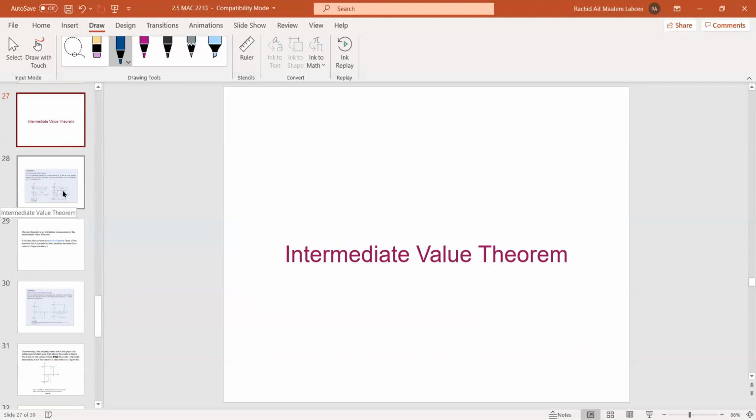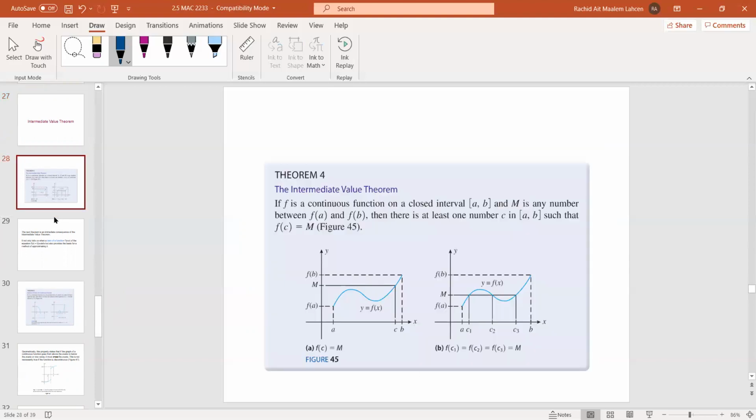It's the intermediate value theorem. One way to think about this theorem, I'll introduce it my way, then we talk about it: if you have two different values and you multiply them and you get a negative sign.